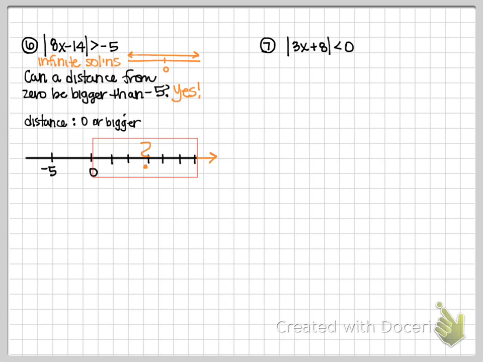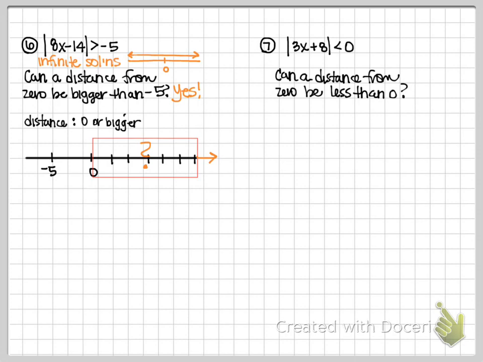Okay, now question number 7 doesn't have a negative number on the other side, but it has a 0. We got to think about this. So I'm going to go through and translate this also. So can a distance from 0 be less than 0?